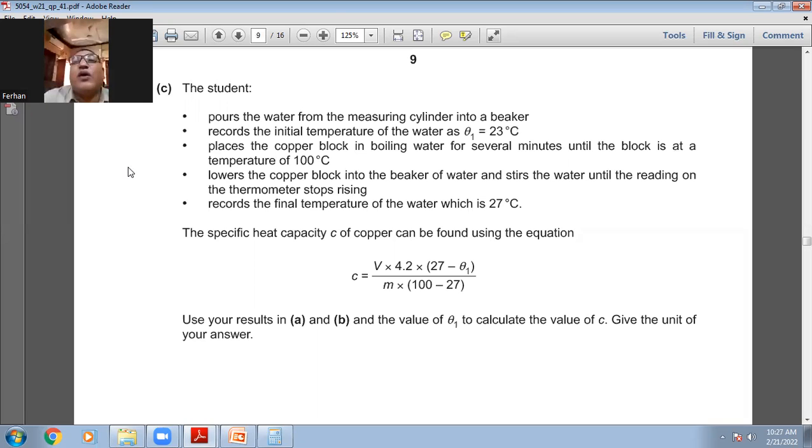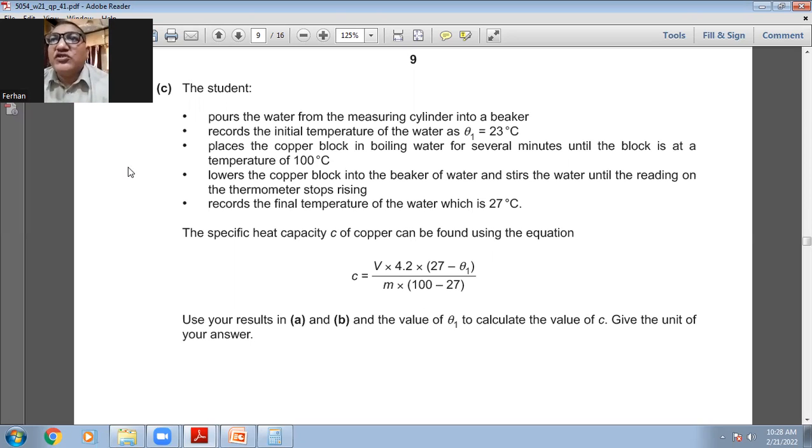He lowers the copper block into the beaker of water and stirs the water until the reading on the thermometer stops rising. Then he takes that hot copper and puts it in the beaker of water, and obviously the temperature of the water will rise.